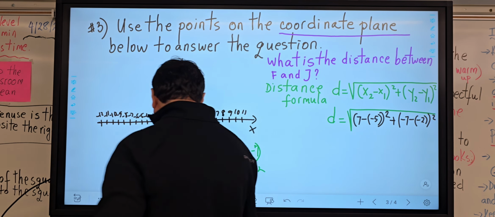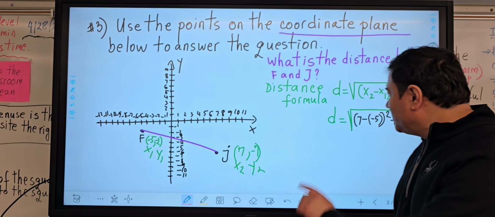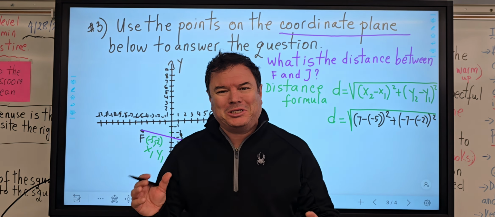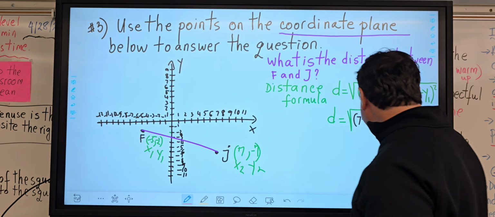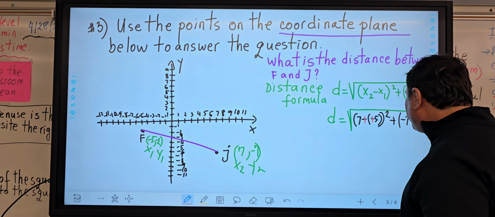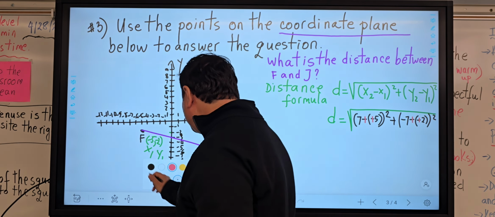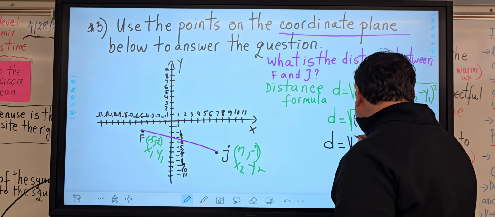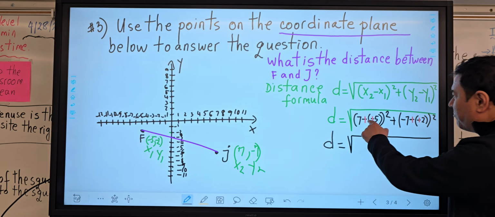Now we know something very important: 2 negatives next to each other become a positive. So these 2 negatives become positive, and these 2 negatives become positive. Let's find out what we get. The distance equals the square root of 7 plus 5.